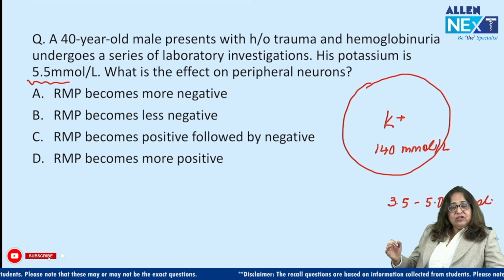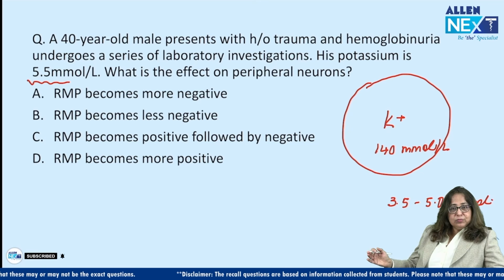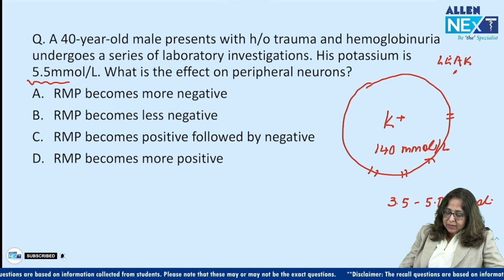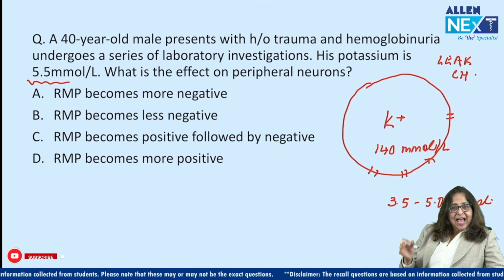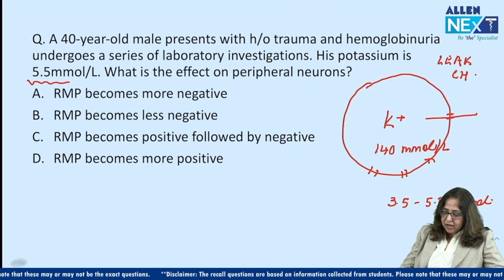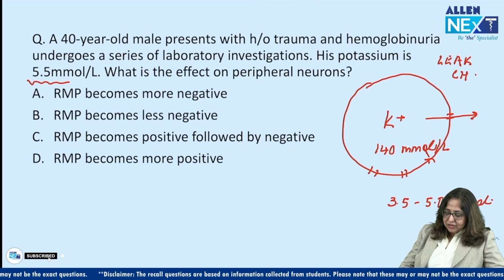That basically means there are leak channels for potassium which are open at rest. And when a channel is open, that ion moves from higher to lower concentration. So potassium tends to move from inside to out.